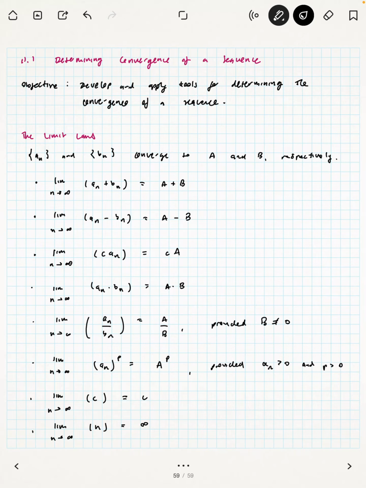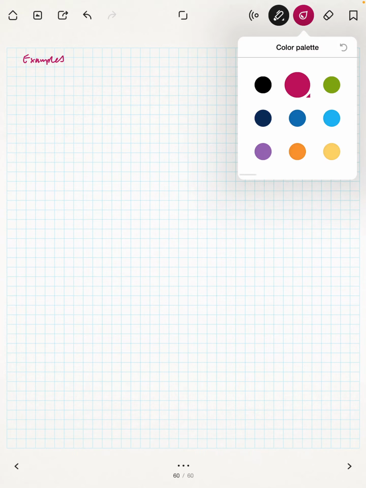Okay. So let's see a few examples. Some conventional examples include things like, let's go back to our motivating example. Let's talk examples, right? So 1.